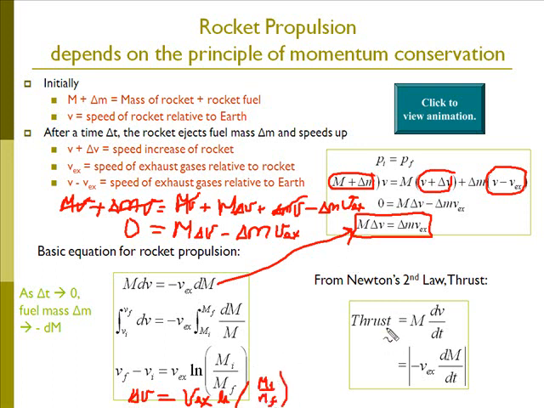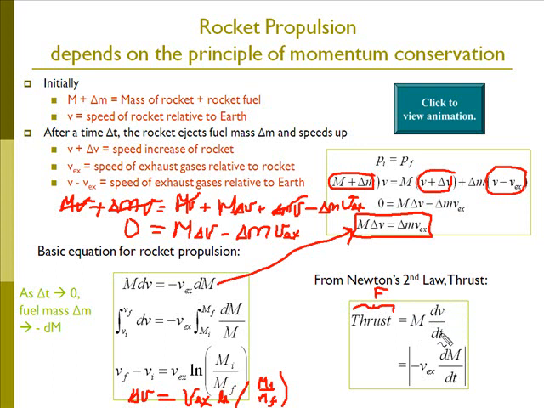From Newton's second law, we can write thrust. Remember, thrust is a force. It's the force at which the rocket thrusts forward: the mass of the rocket times its change in velocity with respect to time.